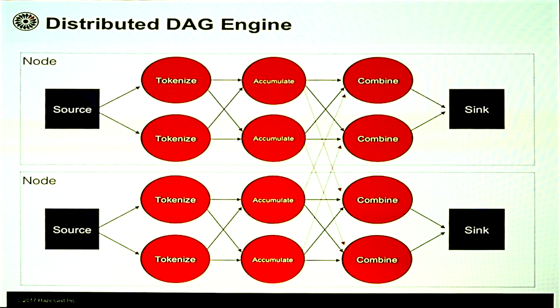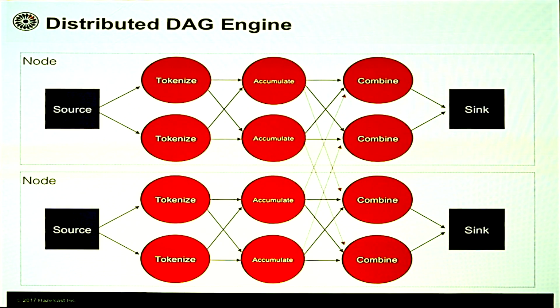A MapReduce is a DAG. DAG is just a more generic MapReduce, I would say. This one is a simple one. It had one mapper and one reducer, but you could really have different vertices doing multiple reduces, and you can just make this really large.